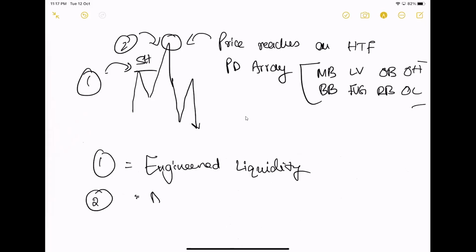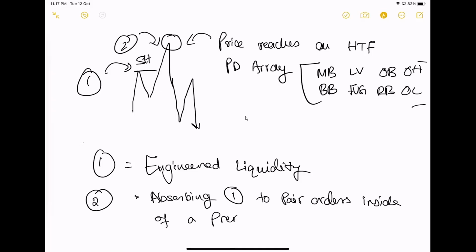They are absorbing engineered liquidity to pair orders inside of a premium PDRA, because in this case we're looking at a swing high. So a swing high reacts from a bearish PDRA, so a premium PDRA. Engineered liquidity absorbing 1 to pair orders inside of a premium PDRA.